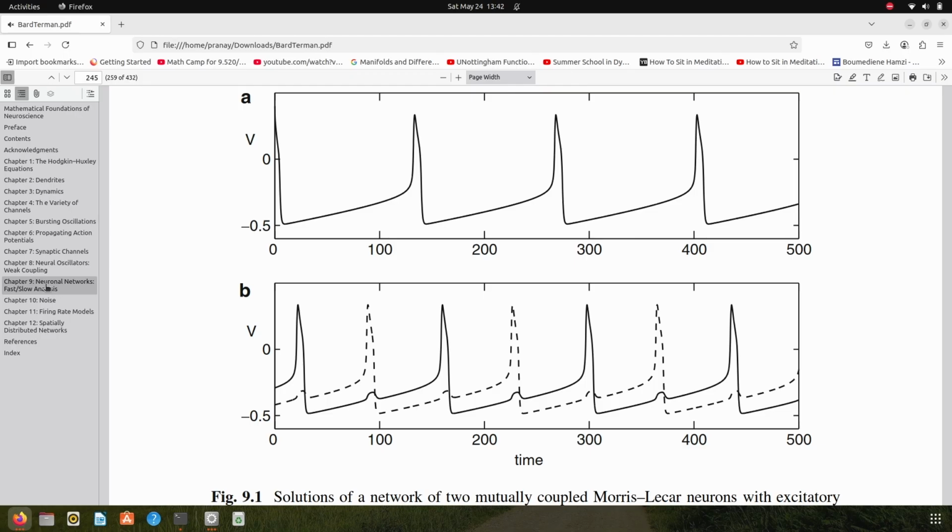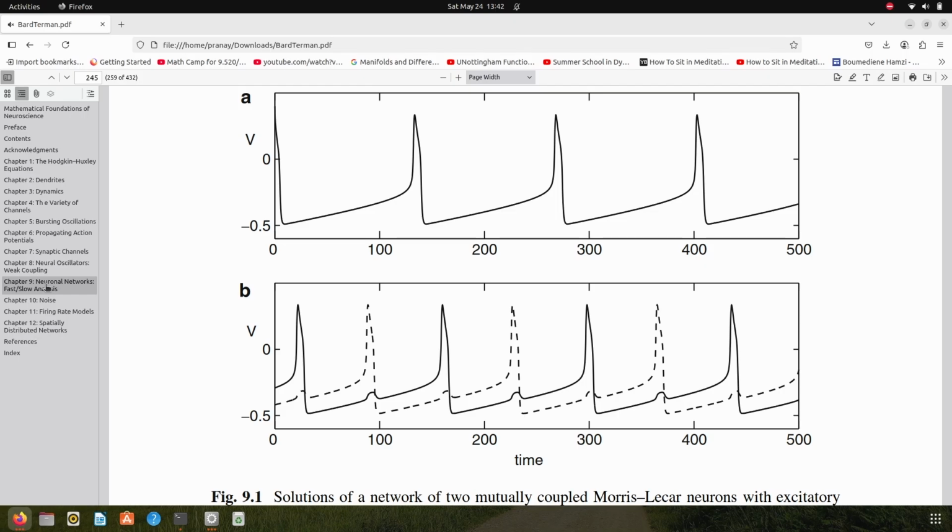And you can ask questions like this was the uncoupled oscillator before it was connected into a network over here. What is the relationship between that frequency and the frequency of the neuron in the network? Would you agree that the frequency of this neuron in the network is actually lower? So how can you connect a neuron such that in the coupled sense the neuron is now firing at a lower rate?